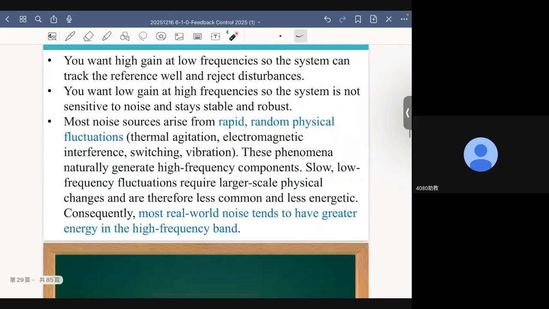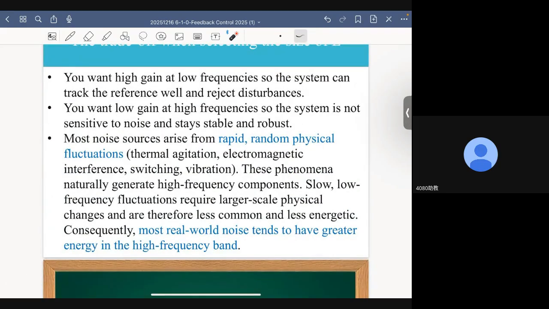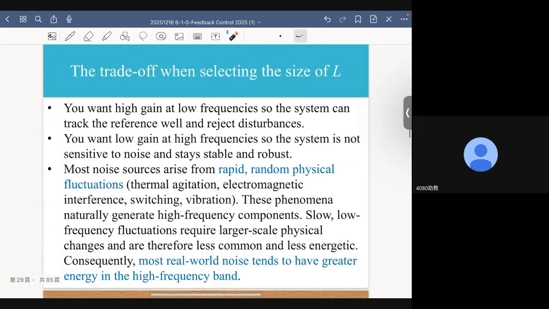The reason why this is the case is that most noise sources arise from rapid random physical fluctuation, okay, such as electromagnetic interference, circuit switching, vibration, all right?